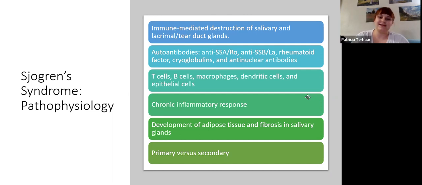Similar to polymyositis, it's the T cells, the B cells, the macrophages, the dendritic cells, and epithelial cells. And it's a chronic inflammatory response. It also has a development of adipose tissue and fibrosis in salivary glands, and it can be a primary disease or a secondary disease. Primary means that it is occurring all on its own, and secondary means it's usually occurring because of something else, such as rheumatoid arthritis or polymyositis.